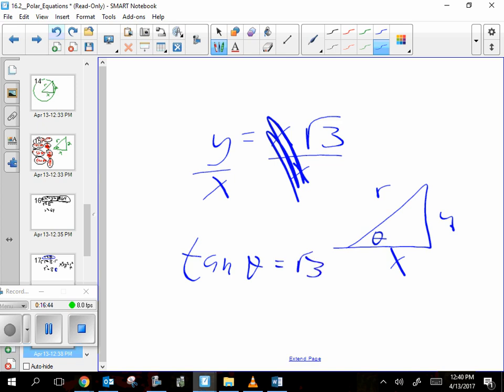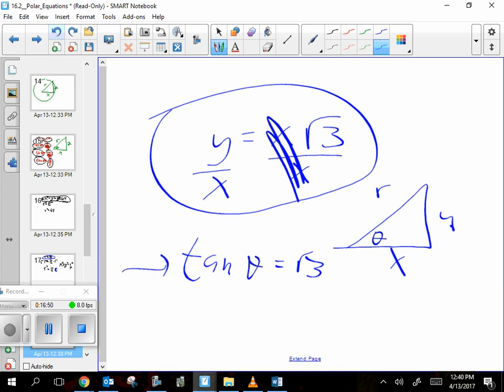Now you might be asking yourself, wait a minute, you're saying that that's rectangular, so that means this isn't rectangular anymore? What is it? It must be polar. Because instead of just giving you an r, in this case, they're just giving you a what?